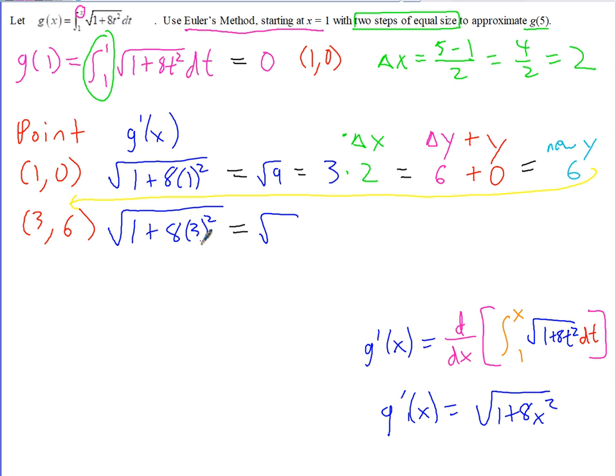Here we get 3 squared, 9 times 8 is 72, plus 1 is 73, which in this case is not a perfect square. That's good. And then multiply that, I don't think there's anything to pull out there, by 2. The change in the y coordinate is 2 root 73.